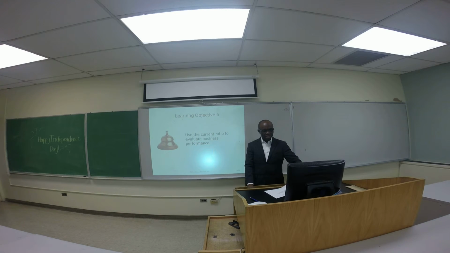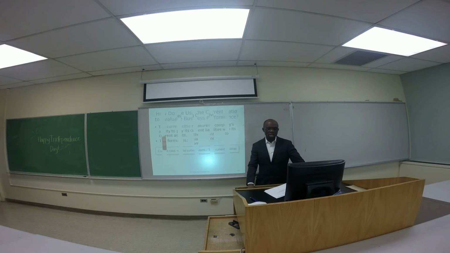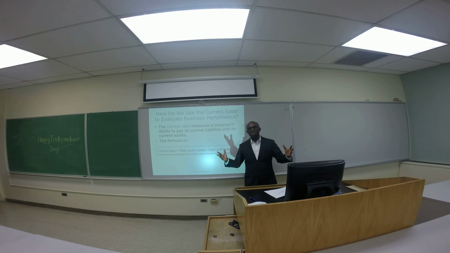Let's take a look at objective 6. Use the current ratio to evaluate business performance. Recall we said that overall our objective in this class is to learn accounting principles or accounting rules, and how to apply them in order for us to be able to prepare financial statements in accordance with the rules.